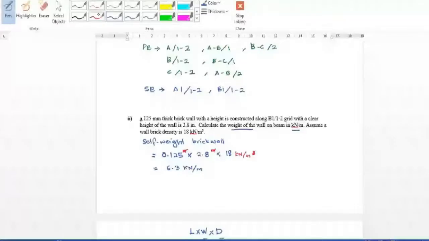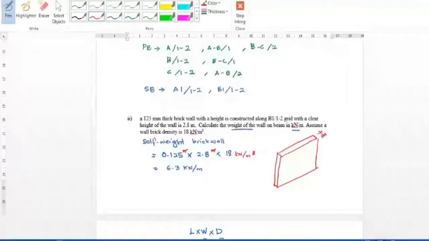As we sketch the brick wall, let's say our brick wall is like this. So as we know just now, we have the thickness of.